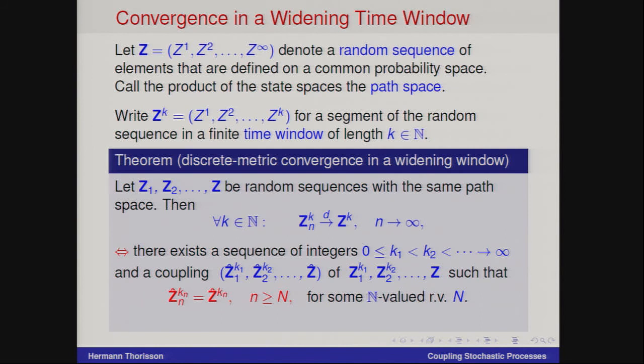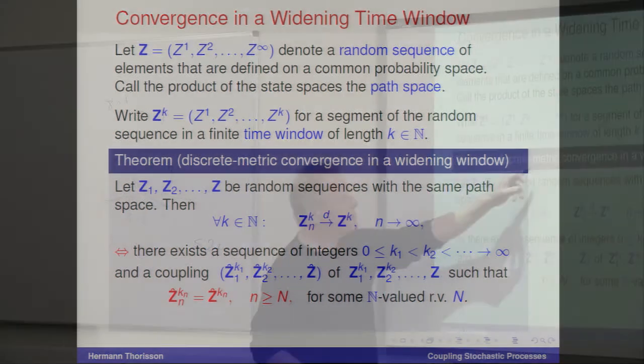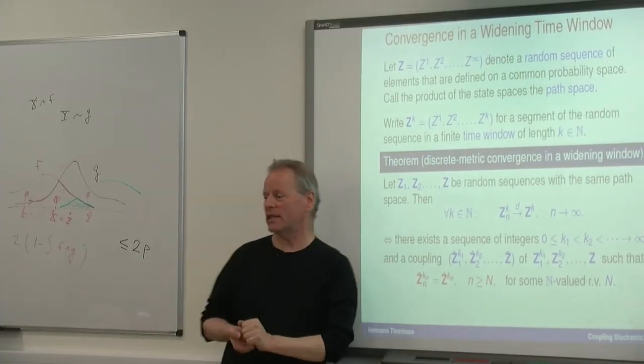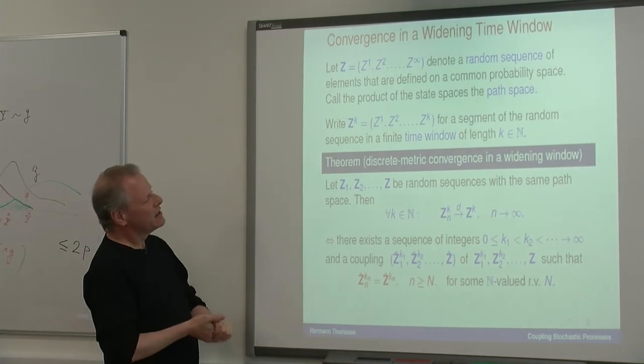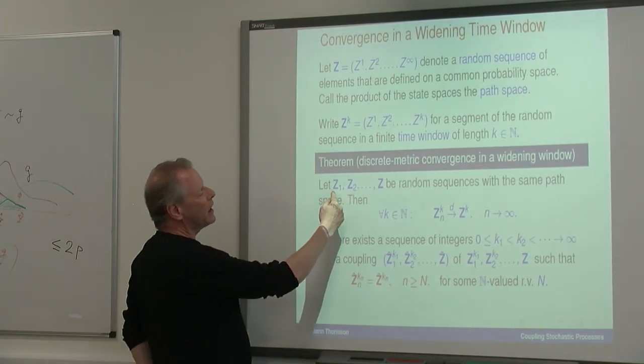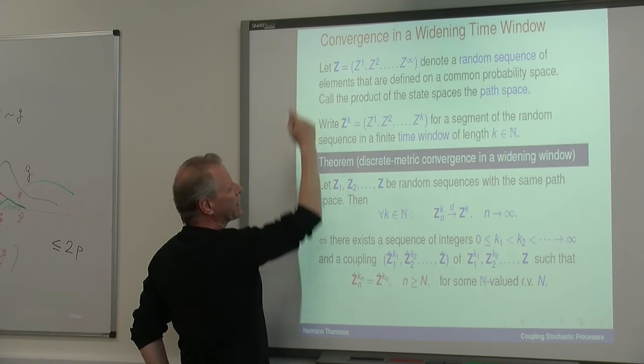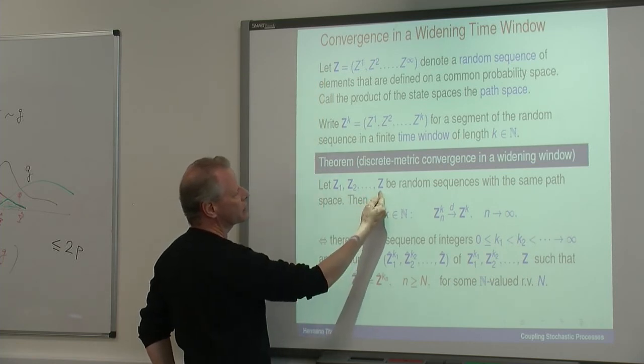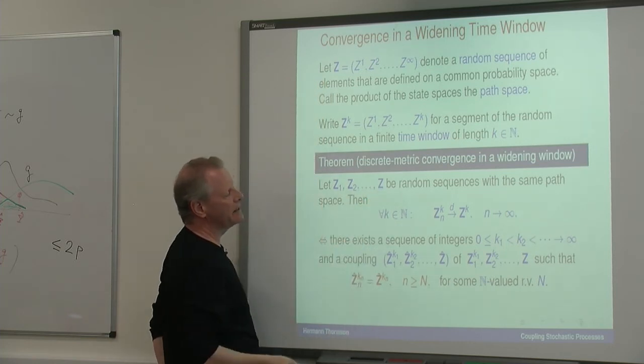Okay, so now comes the theorem. Discrete metric convergence in widening time window. So now we take a sequence of things like that, plus a limit candidate.